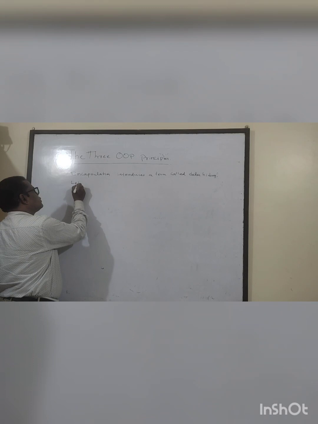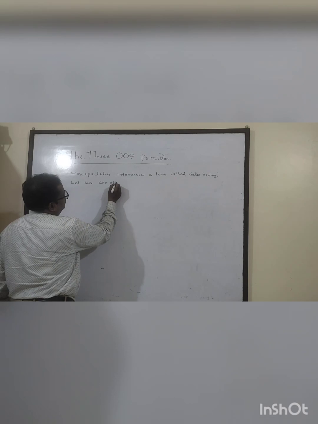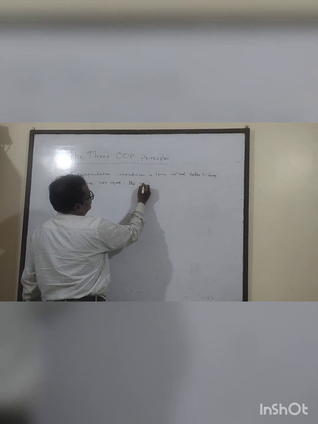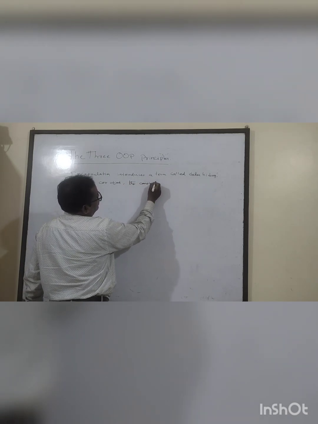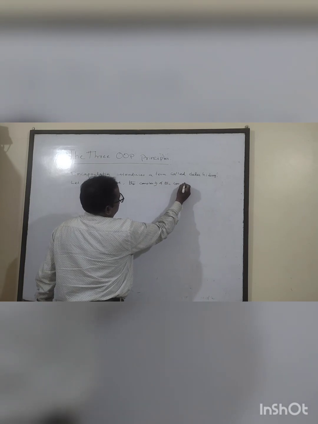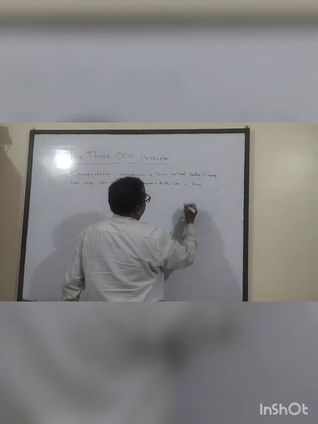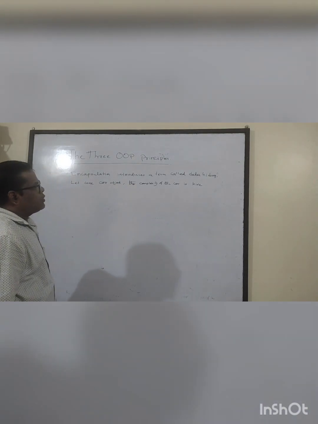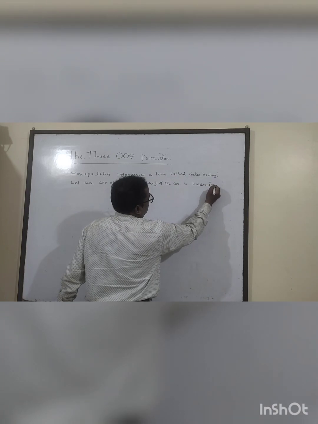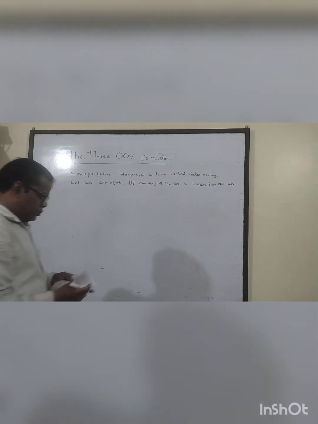Let us take the car object. The complexity of the car is hidden from the user.